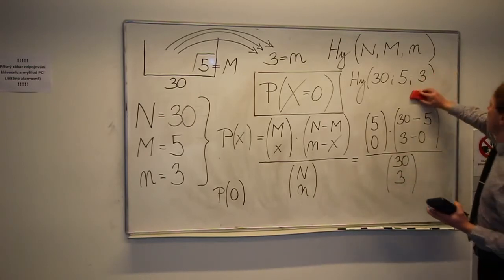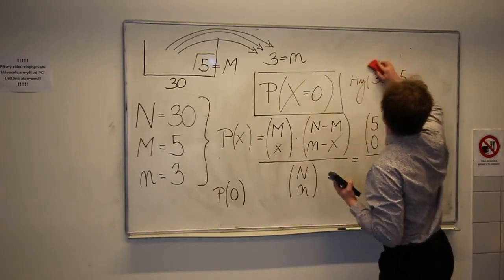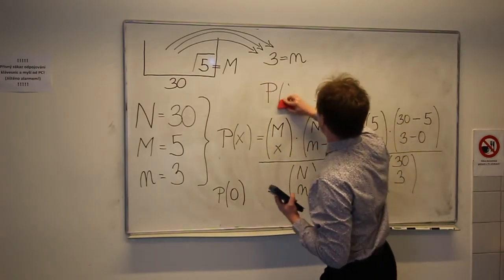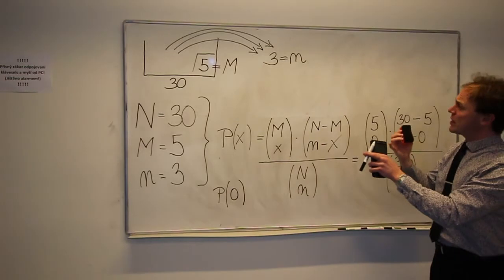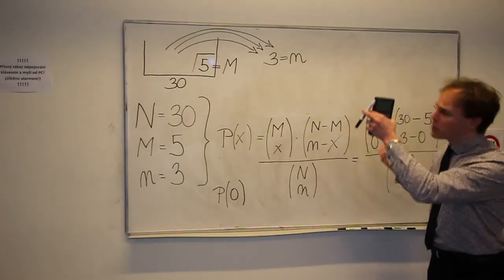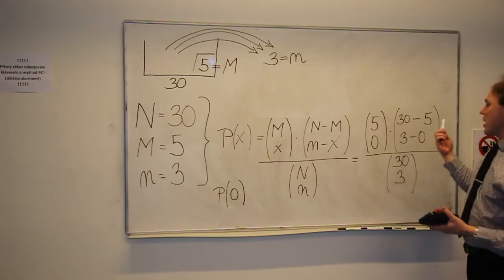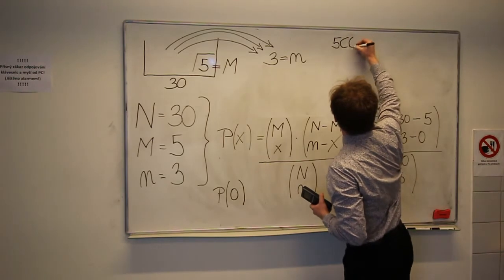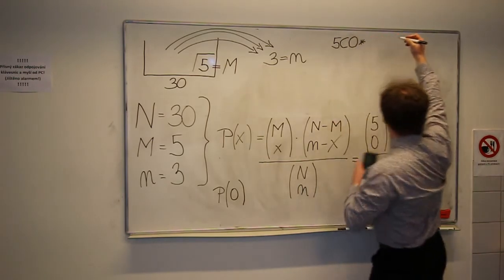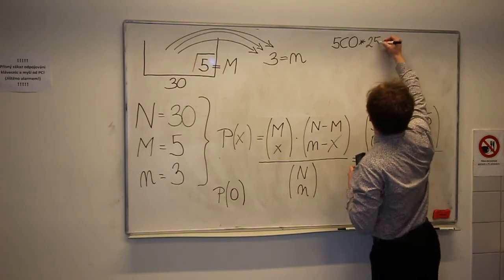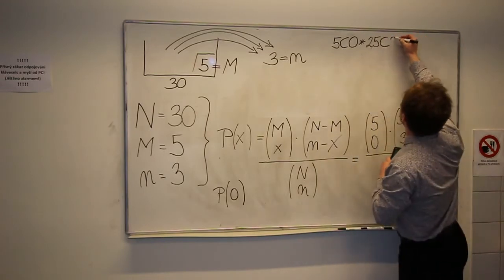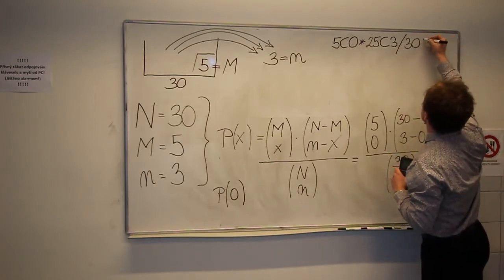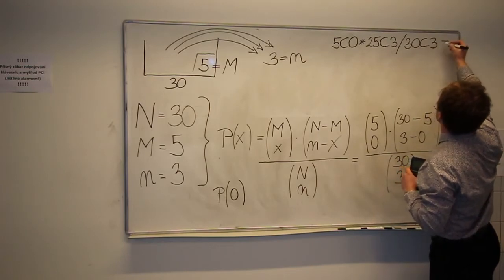I think that I can delete this part from the whiteboard, and if you have a calculator, at least a high school calculator, you can write directly on the display 5C0 multiplication 25C3 divided by 30C3 and the equal sign.